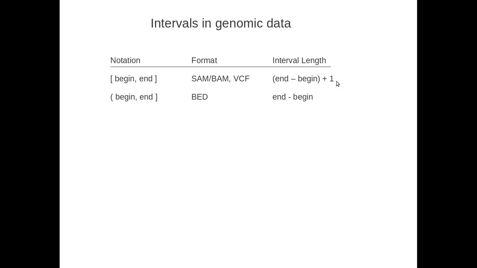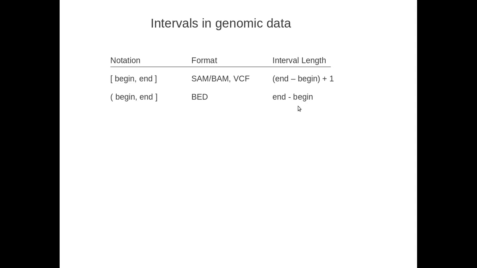This is essential. So let's take an example. Imagine we have an interval between 1 and 10. To get the length of that interval, we all know that the length is 10 from intuition, but to get the length of that interval, we must take the end coordinate 10 minus 1, which gives us 9, but we must add 1 more to get the length of 10.